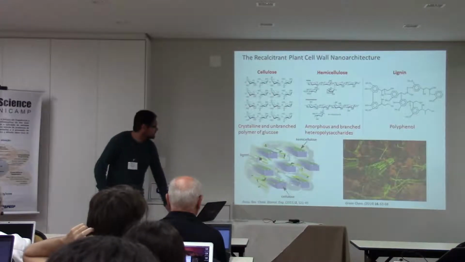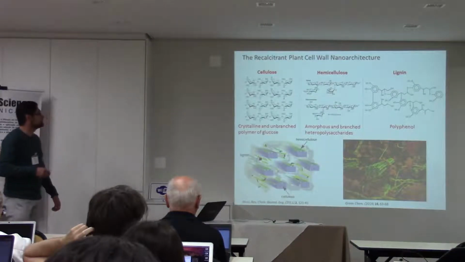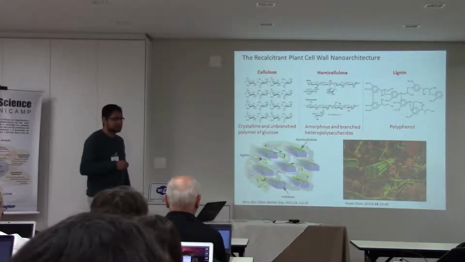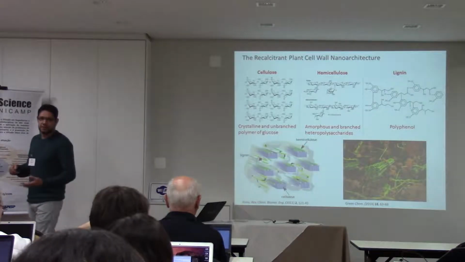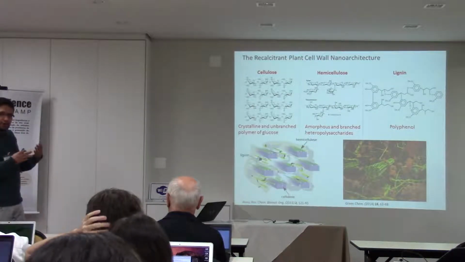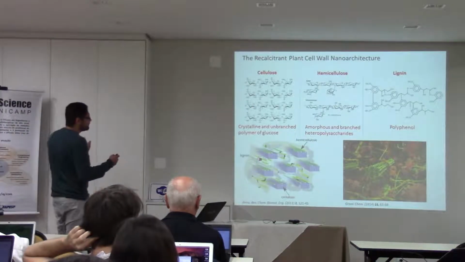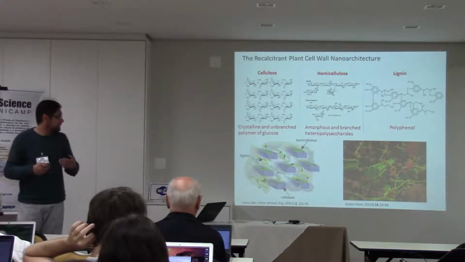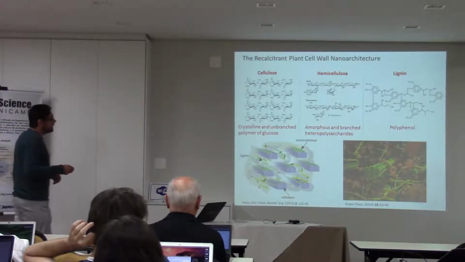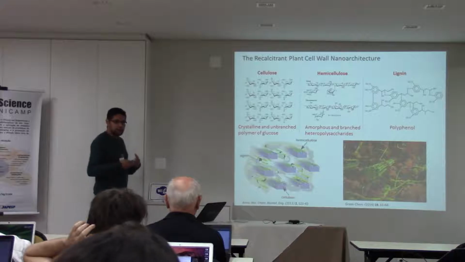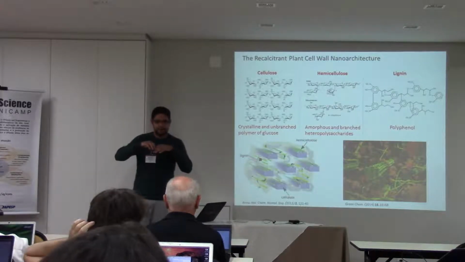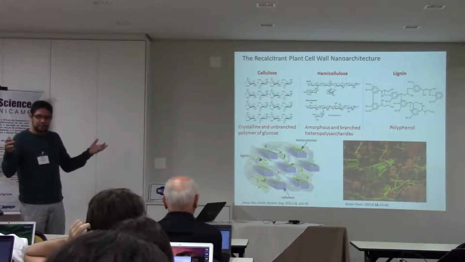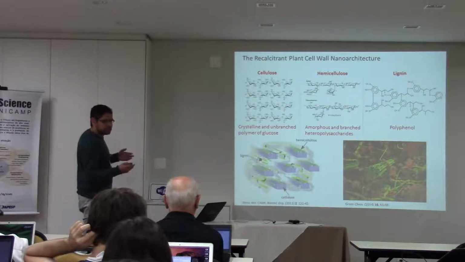Right? So the cell wall is composed of cellulose, hemicellulose, and lignin. You have two kinds of carbohydrates. Basically, you have cellulose, which is assembled in a crystalline structure, the most important part of the cell wall, and it creates the backbone of the cell wall. And we have hemicellulose, which are amorphous polysaccharides that adsorb on the cellulose, and we have lignin that can protect the cell wall against external factors.